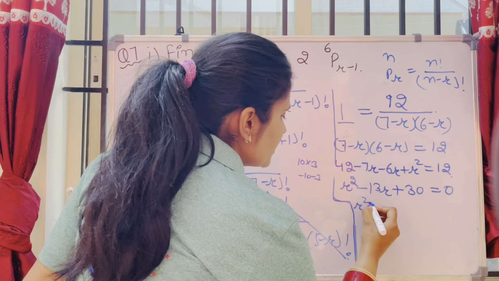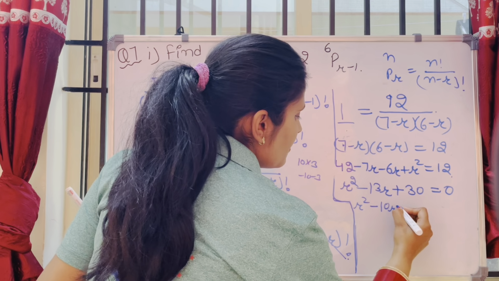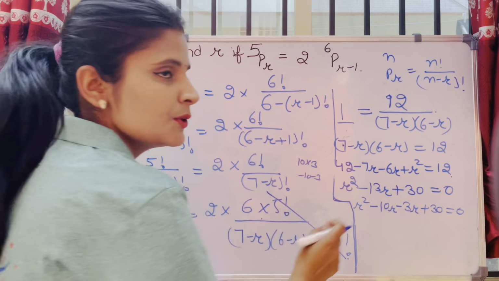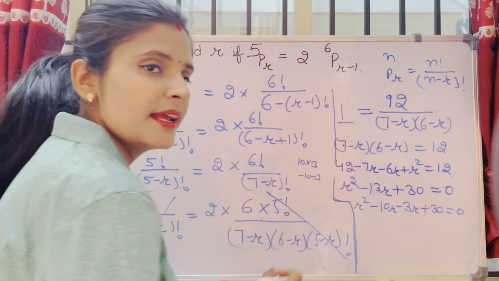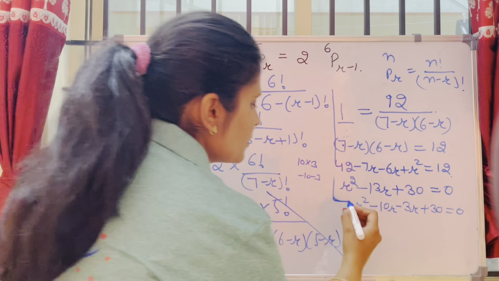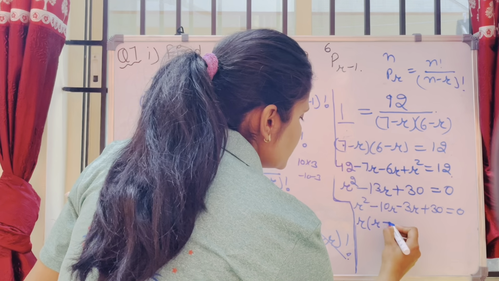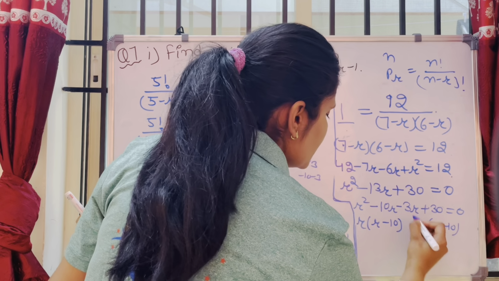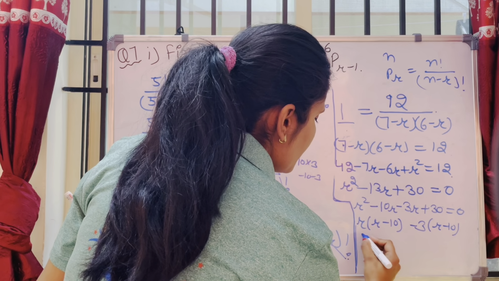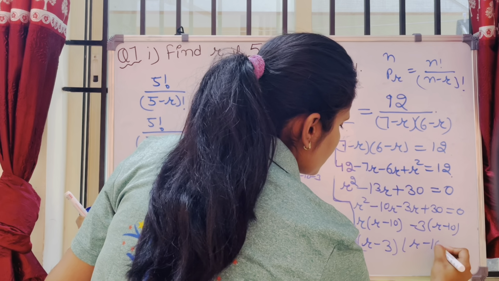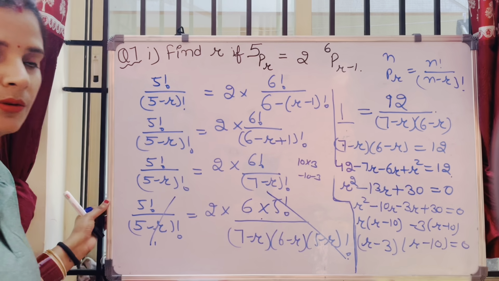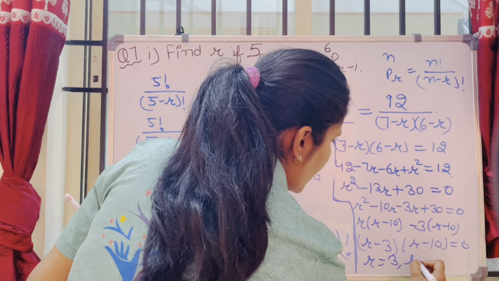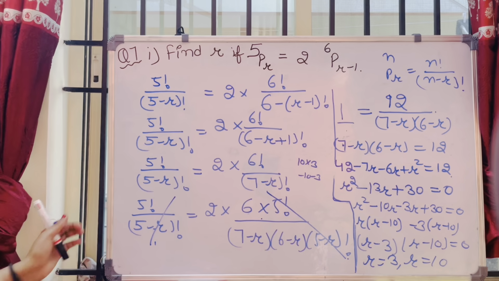So r square minus 10r minus 3r plus 30 is equal to 0. So (r minus 10)(r minus 3) is equal to 0. They are two factors. Therefore, r equal to 3 and r equal to 10.